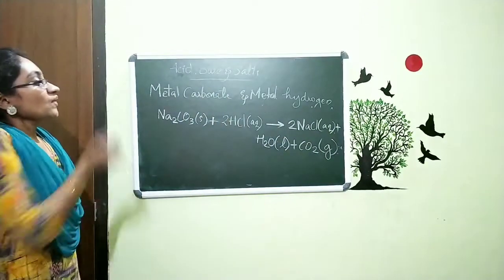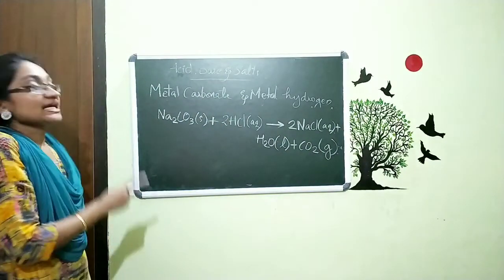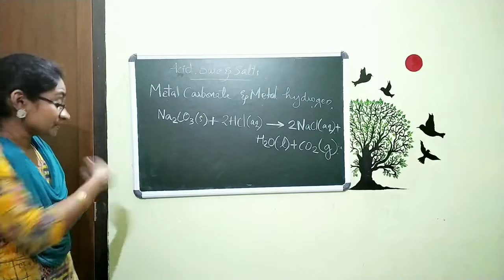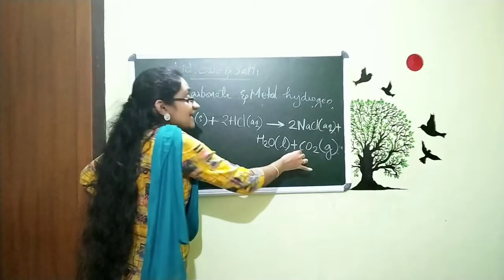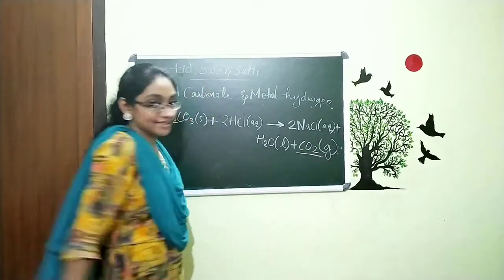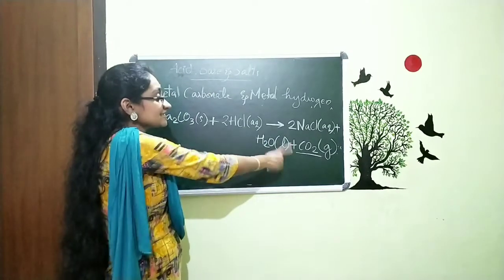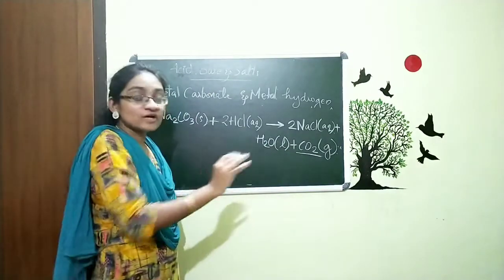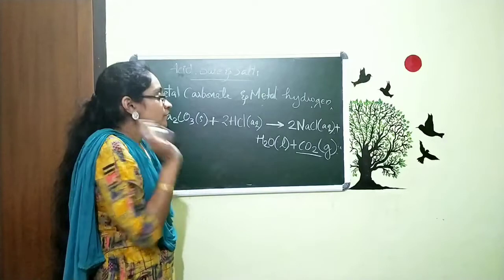So when a metal carbonate and acid react together, we get the gas carbon dioxide. So that is the gas that made the lime water milky.